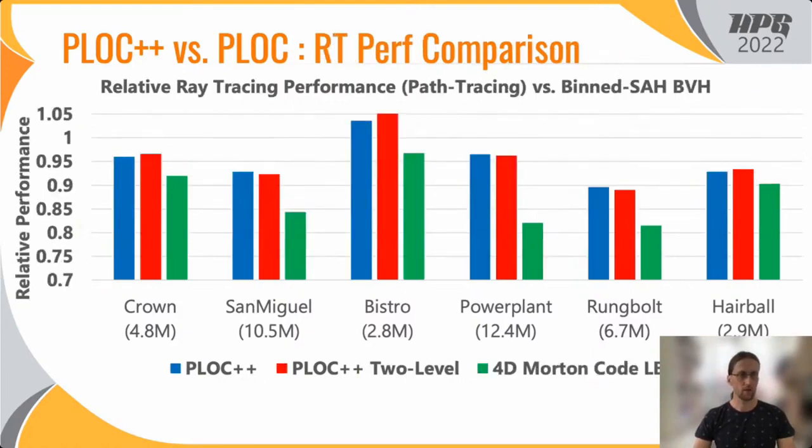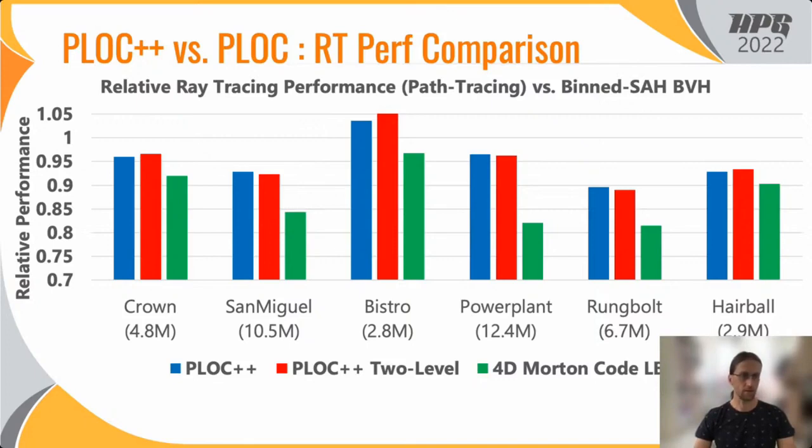Okay, BVH build speedup is one thing, but the quality of the final BVH needs to be good enough to ensure high tracing performance. In order to test the real-world impact of BVH quality, we used the simplified diffuse path tracer as a benchmarking tool and compared the actual ray tracing performance of PLOC++ against our highest quality BVH builder reference, which is an offline CPU-based binned SAH builder.